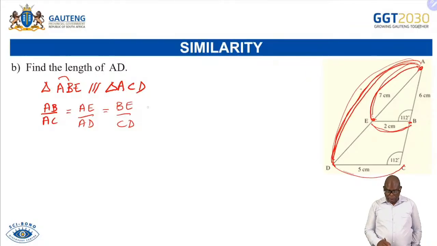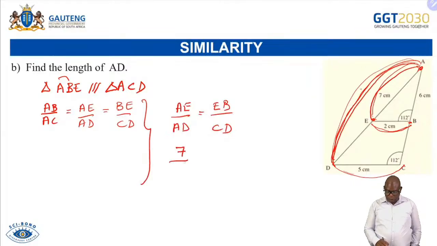So now, how am I going to use that? I'm going to say AE over AD will be the same as EB over CD. So what is AE here? It's 7. What is AD? That's what I don't know. What is EB? EB will be 2.